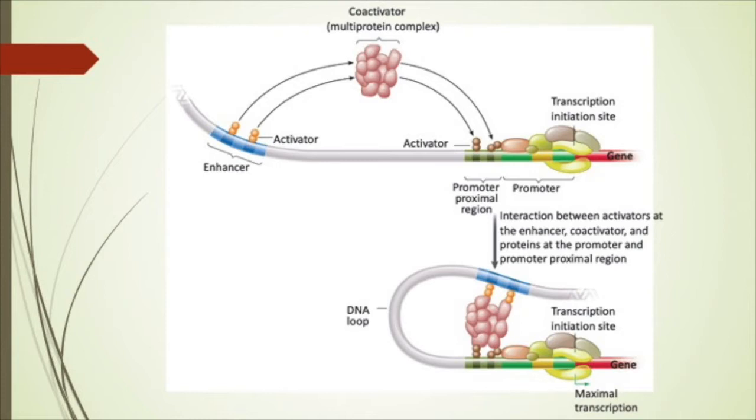It's a little bit far off, but the coactivator and the two activators on each side form a loop, right, to bring them together. And all those proteins together help that RNA polymerase to get going to make RNA. See how this is way more complex than prokaryotes.